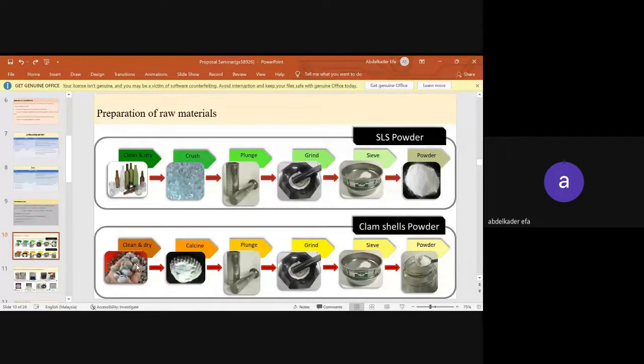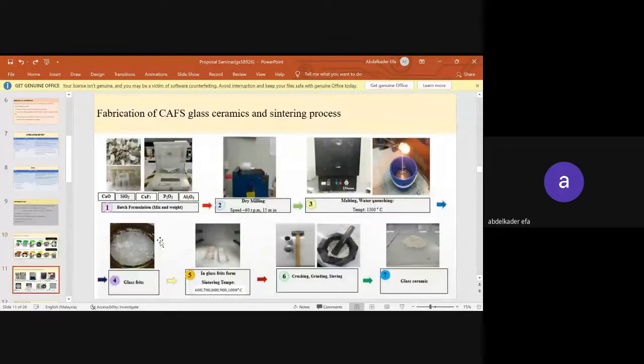For clamshell, after cleaning and drying the clamshell, it will be calcined in the furnace at 900 degrees Celsius. After that, we will crush and grind and sieve to get fine powder.